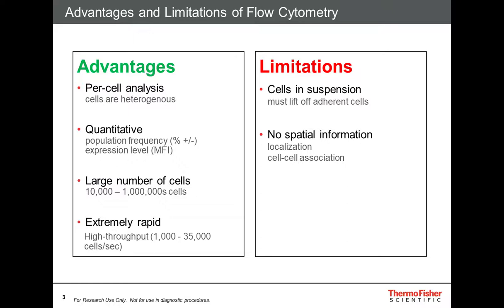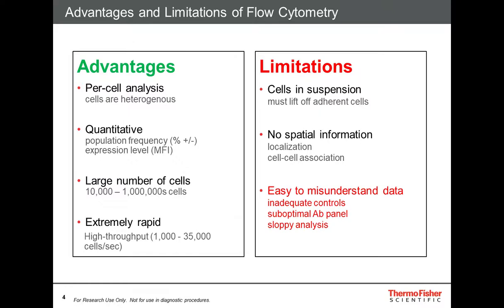To flow cytometrists, cells are an electronic pulse. We don't get any information about where the fluorescence is inside the cell. And one thing that's interesting about flow cytometry data is it's very easy to misunderstand the data.